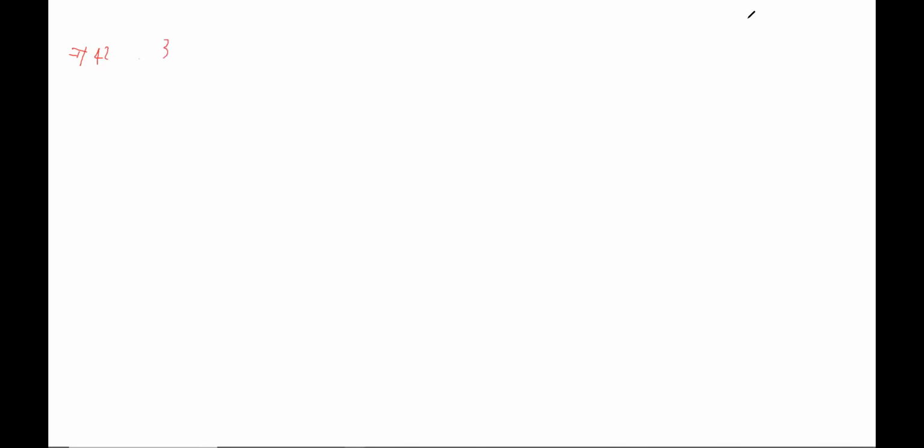So that's 3 over 2x plus 5, plus 4 over 2x minus 5, equal to 14x plus 3 over 4x squared minus 25.